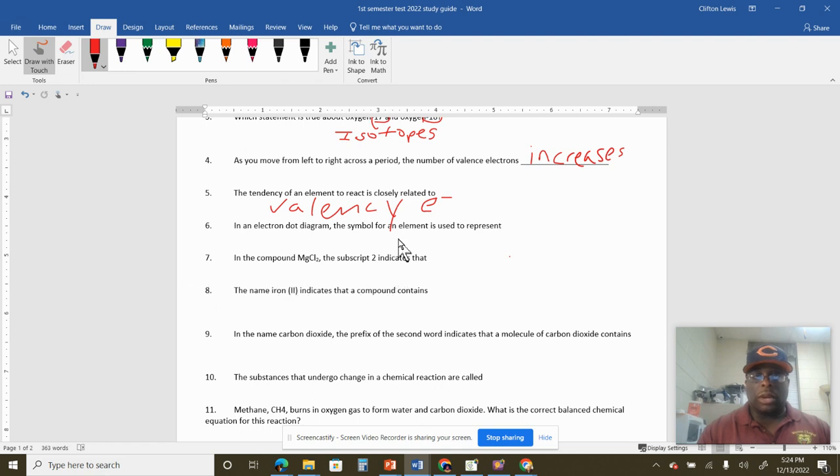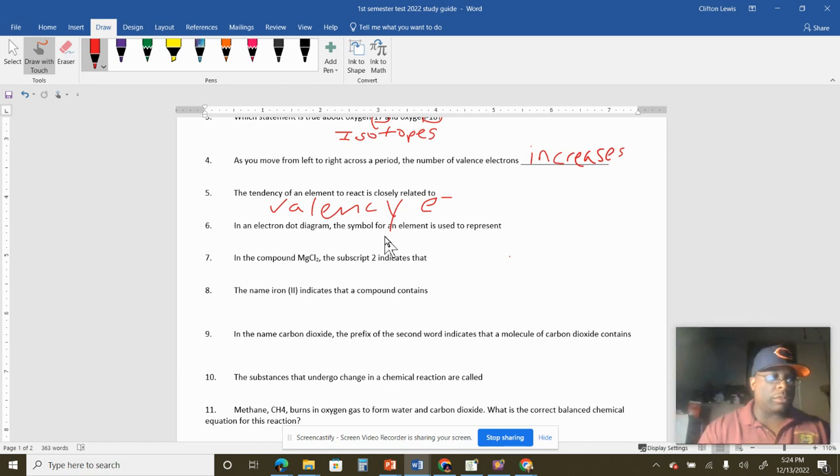The symbol for an element is used to represent what? So that would be the nucleus and the non-valence electrons. Excuse me, that'd be the valence electrons. Electron dot diagram is used to represent the valence electrons. I'll put VE for valence electrons.